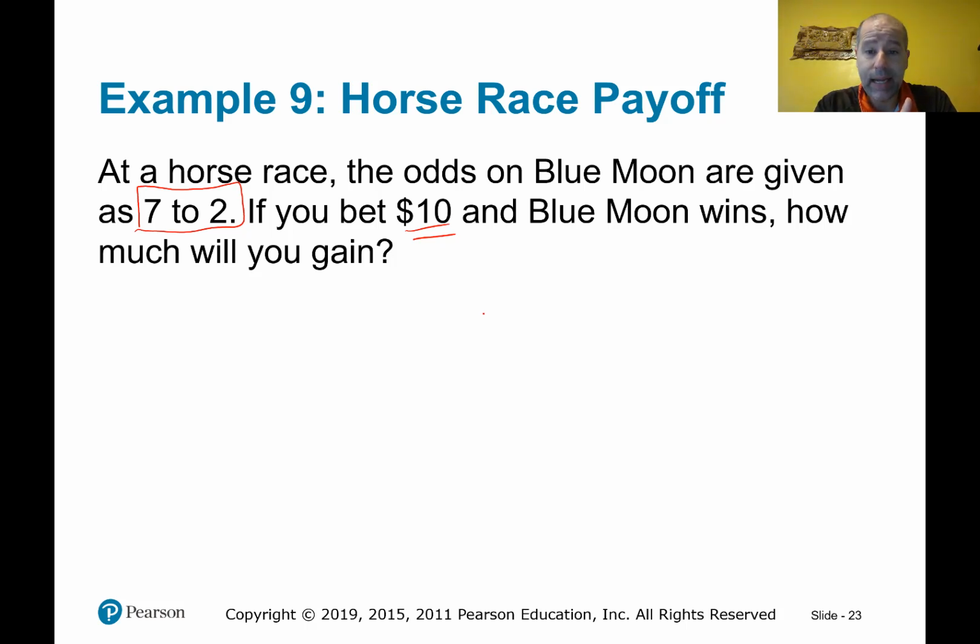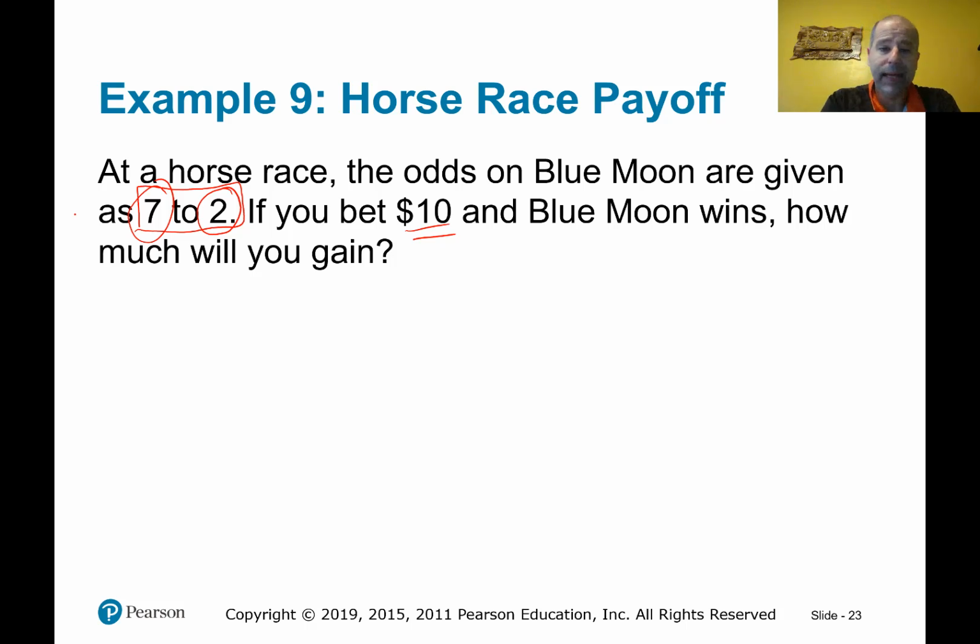So the odds on, which is the same as odds against, right? So the odds on Blue Moon are given as 7 to 2. So that means for every $2 you bet, you will get $7 back if you win.